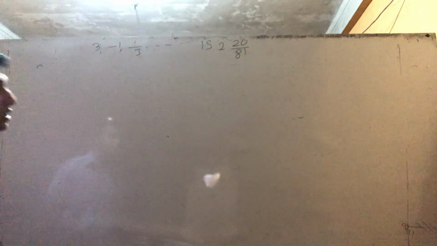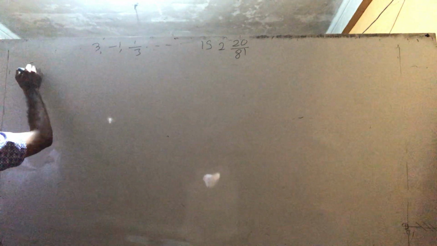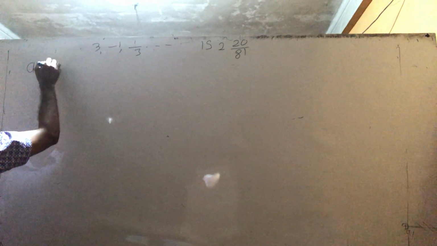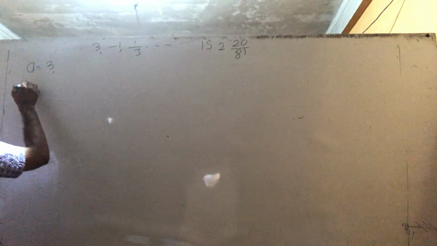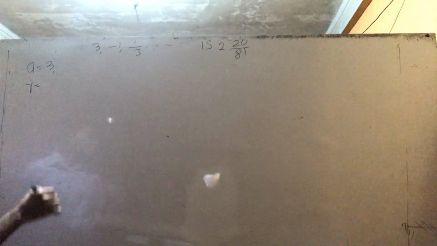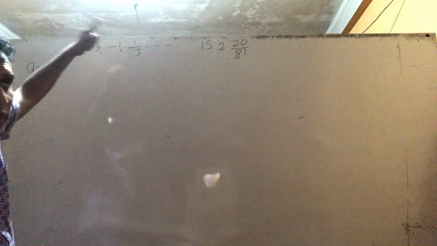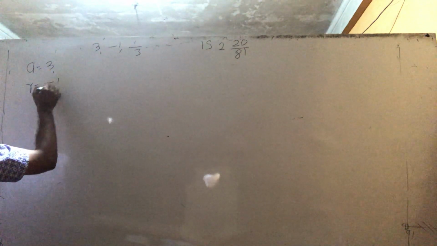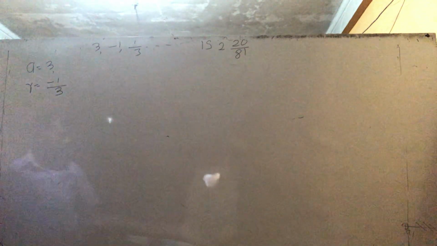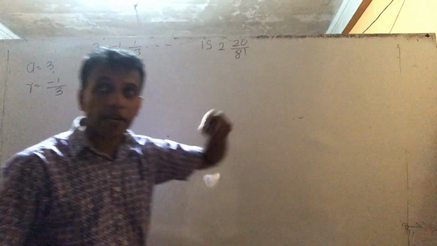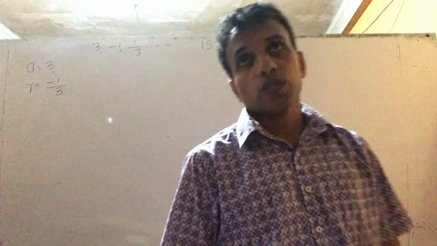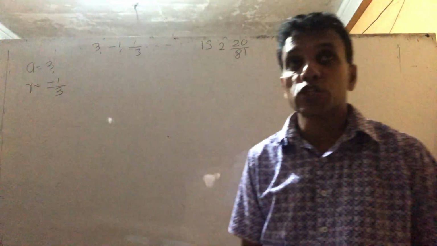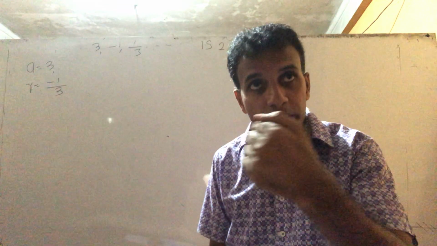So very first we need the first term. A is 3. What is common ratio? Second term divide by the first. Minus 1/3. Or third term divide by the second, find it. So it's very clear. We have a common ratio, negative answer smaller than 1.